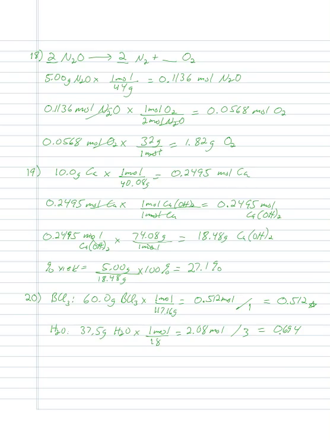Okay, so we're going to do the BCl3 first, just because. So we have 60 grams of it, and we'll use its molar mass that they gave us, 117.16 grams. So that's going to equal 0.512 moles.